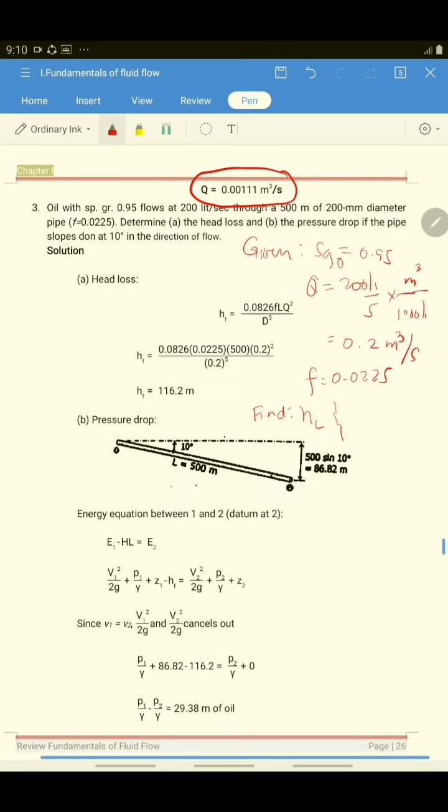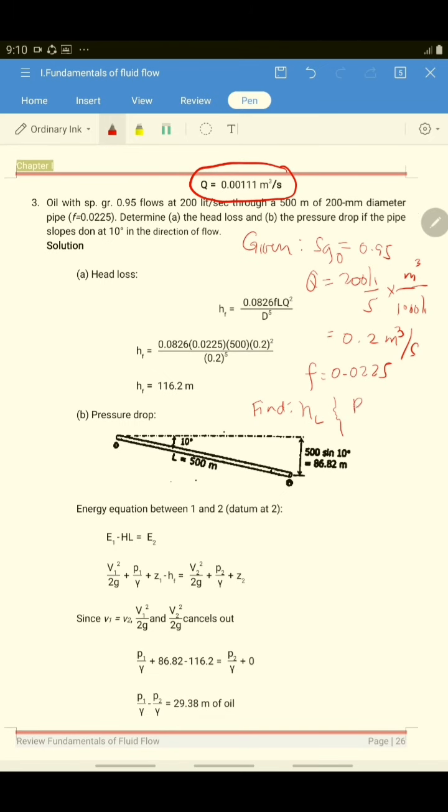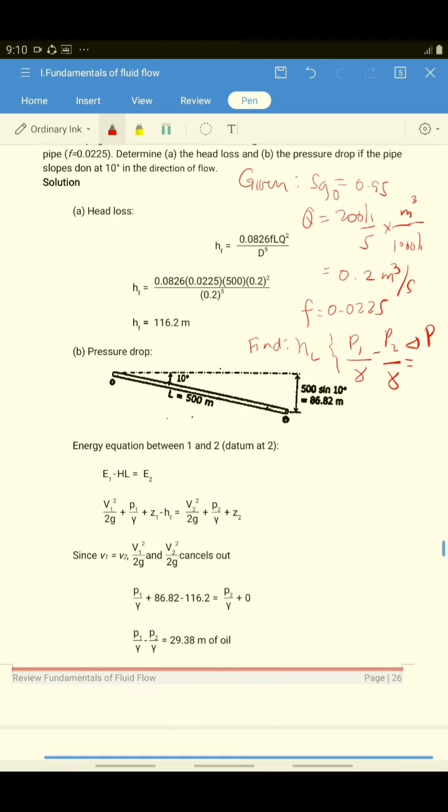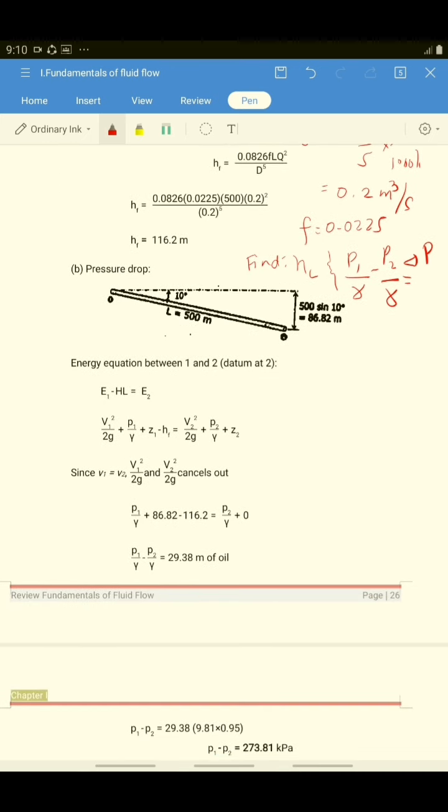So pressure drop can be P1 over gamma minus P2 over gamma, which is equal to the change of the pressure head, and it can be P1 minus P2, which is equal to change of pressure.